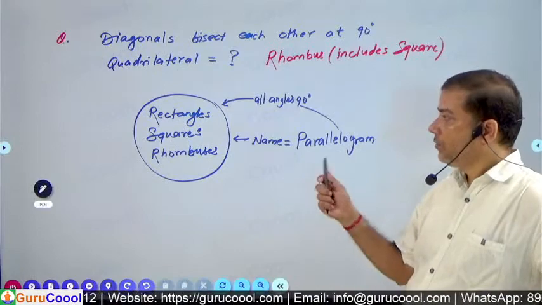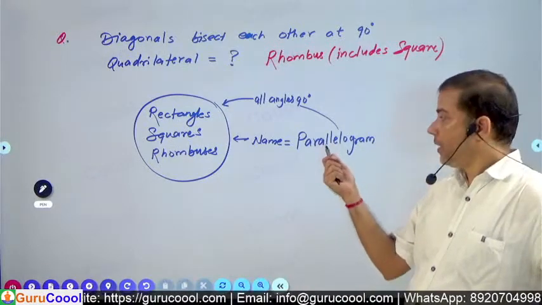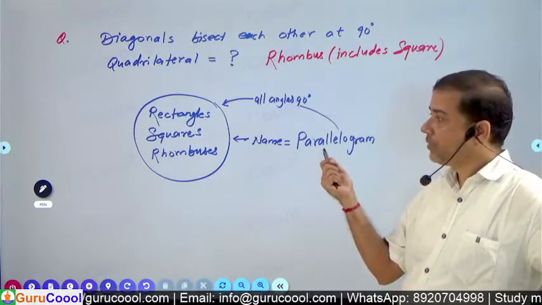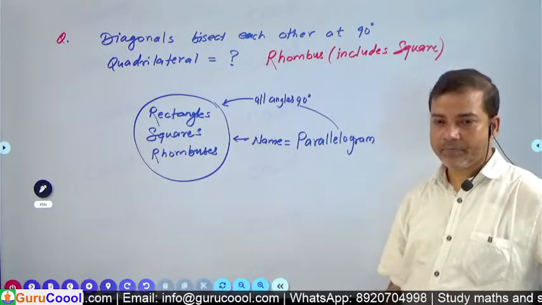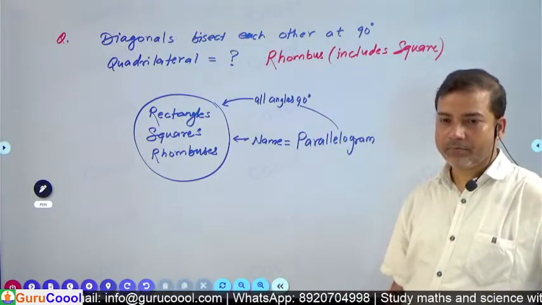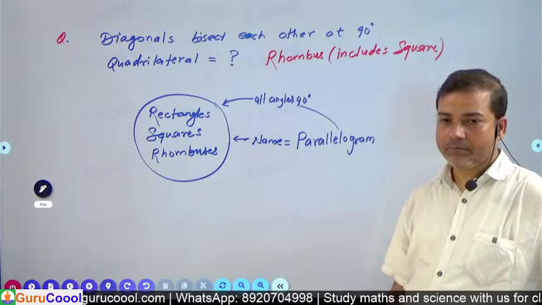And which property does a parallelogram have to follow to become a square? Sir, all angles 90 degree and all sides equal.